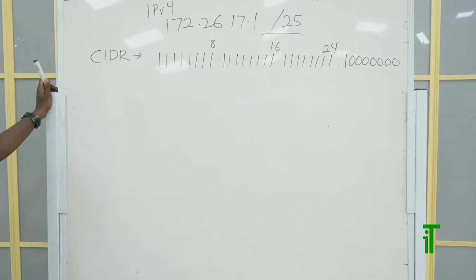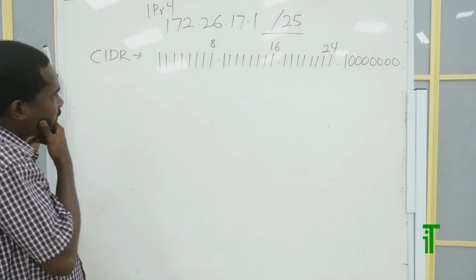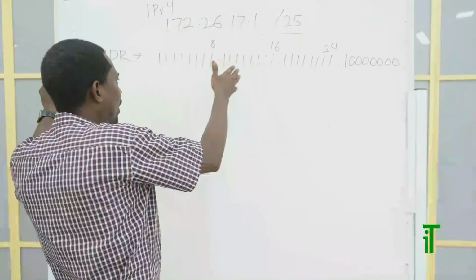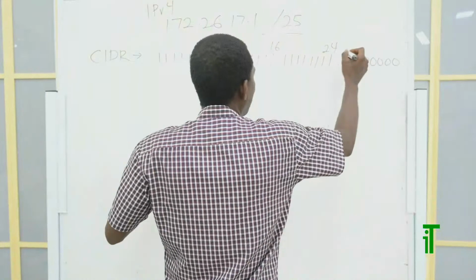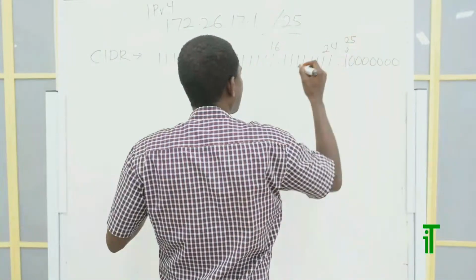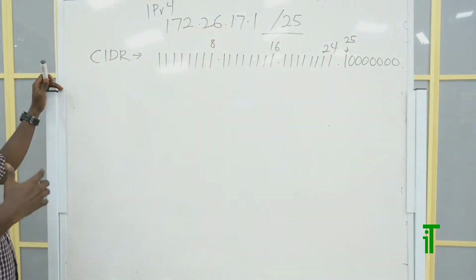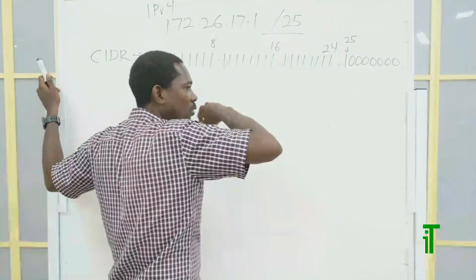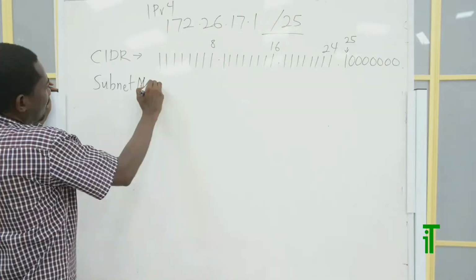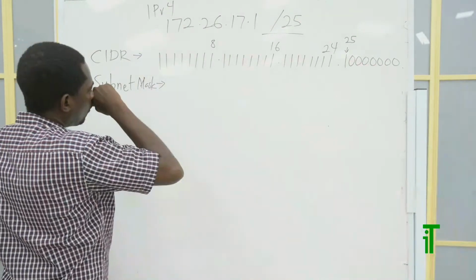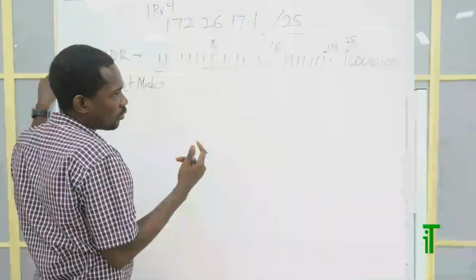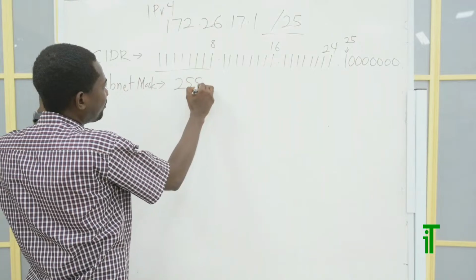So with this CIDR of /25, we just have to make the bits one. This is where the 25 ends. And all that we need to do is to convert these bits into decimal numbers. When you convert these ones into decimal, you have 255.